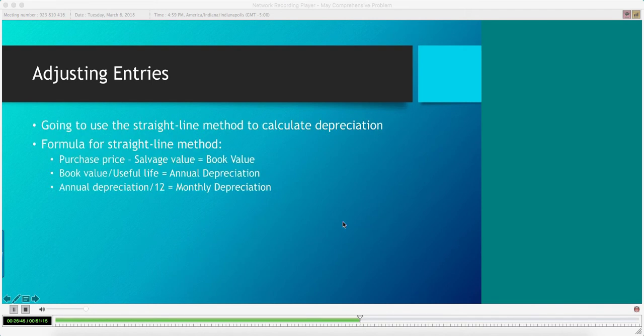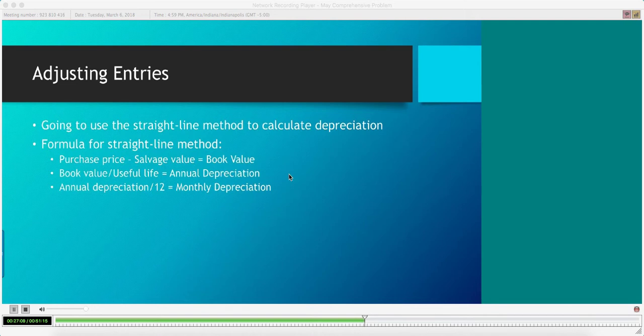Adjusting entries. Let's go over again the formula for straight line depreciation. Again, you can go to the appendix of chapter 5 and look at the formula there as well. So we have our purchase price, take away our salvage value, which gives us our book value. The book value divided by useful life gives us our annual depreciation.